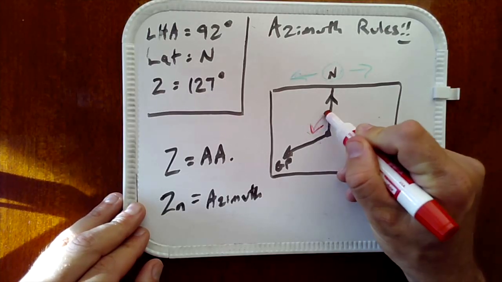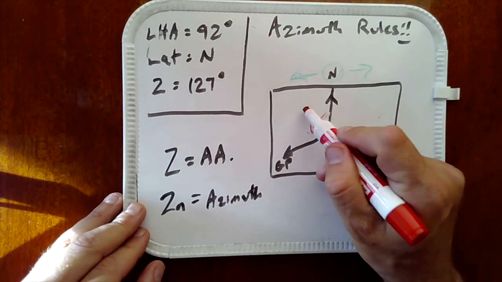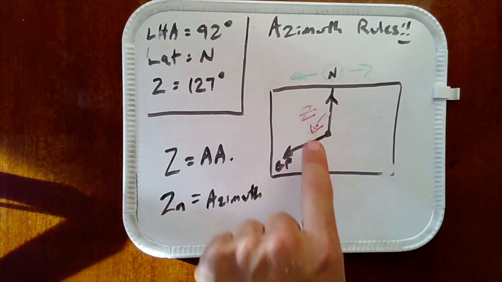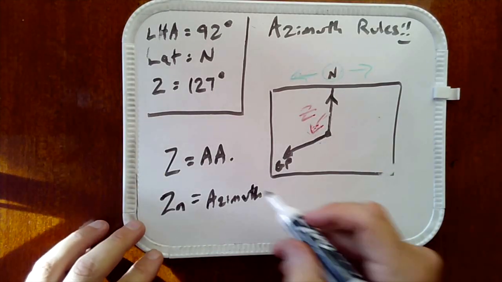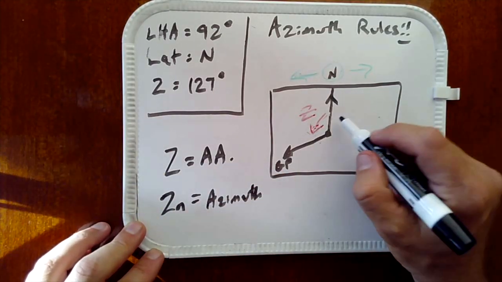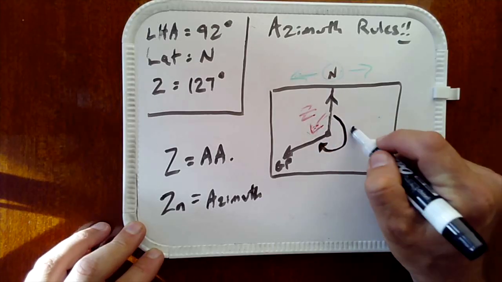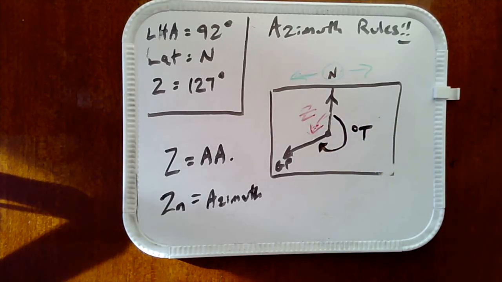So in this case, they're actually giving you this angle, which is your Z. That's what the solution to the triangle in HO 229 is going to give you. And there's a set of rules that will allow you to convert this into a real measurable degrees true that you can plot onto a chart.